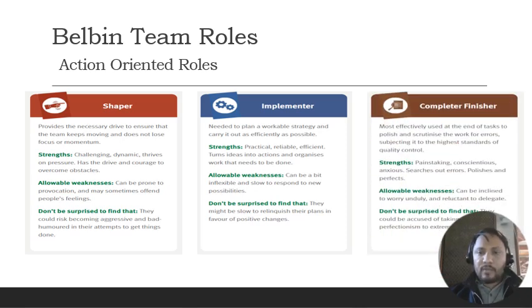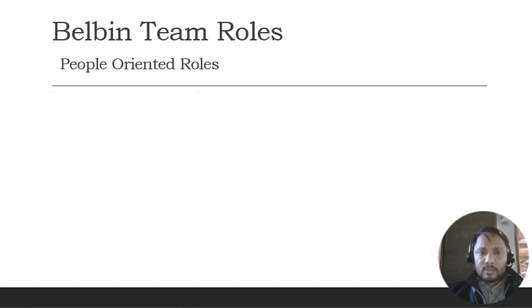Then we have completer finishers. These are the people who typically give the final touches to a certain process or task. For example, quality control people have this kind of mindset. They give focus to the little details. Those are there in any project or task.